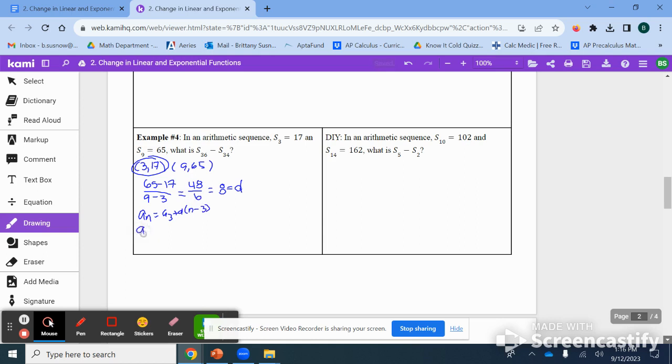So that would look like 17 plus our difference of 8 times n minus 3. 17 plus 8n minus 24. 17 minus 24. 8n minus 7.